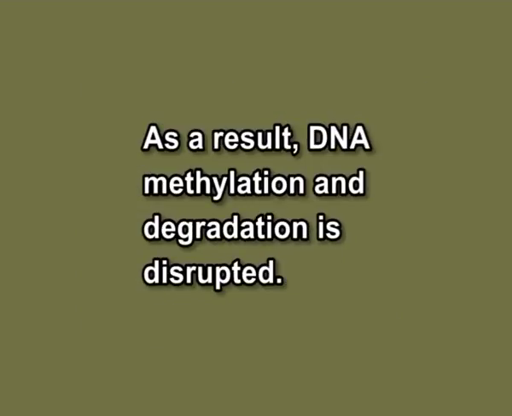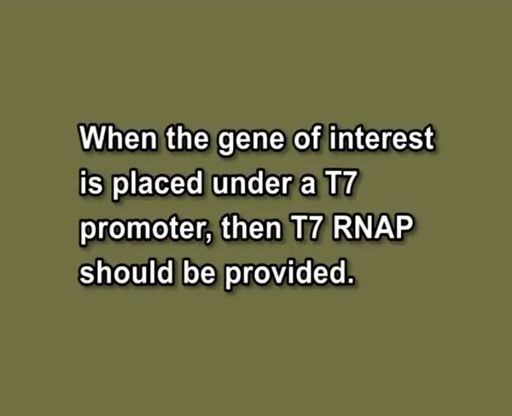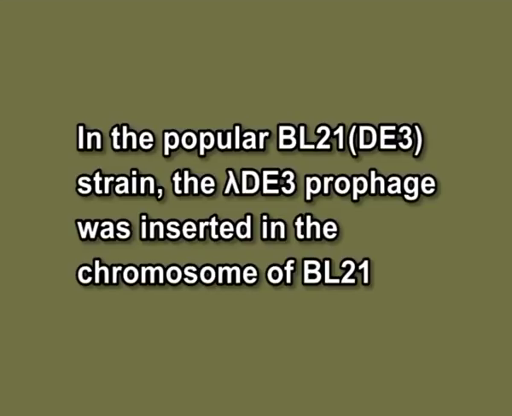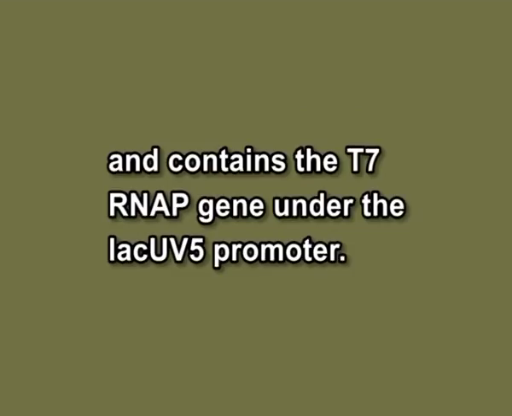As a result, DNA methylation and degradation is disrupted. When the gene of interest is placed under a T7 promoter, then T7 RNAP should be provided. In the popular BL21(DE3) strain, the lambda DE3 prophage was inserted in the chromosome of BL21 and contains the T7 RNAP gene under the lacUV5 promoter.